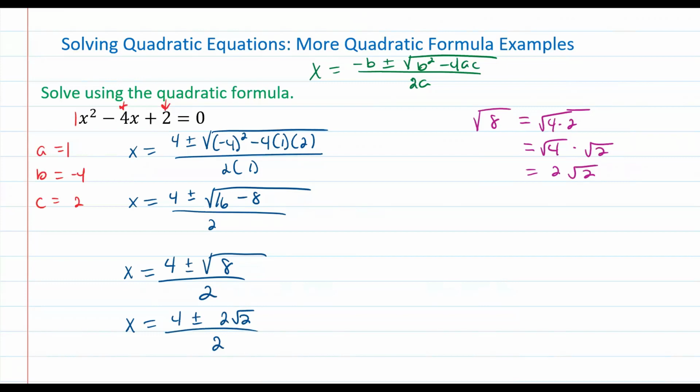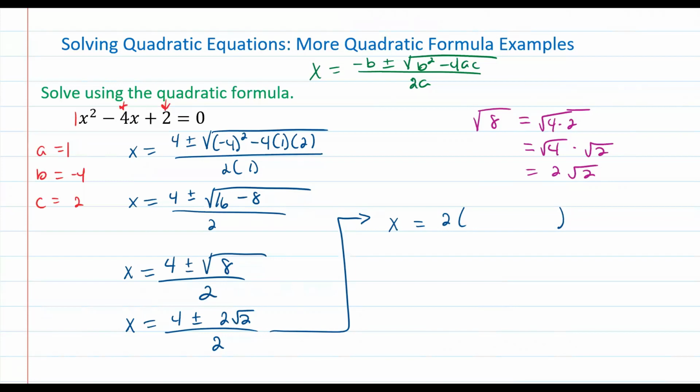Okay, continuing over here, I am now going to try to reduce this fraction by a common factor. So we need to look at the numerator and say, is there a common factor of 4 and 2 times the square root of 2? And the answer is yes, there's a factor of 2 that is in common. And I'm going to factor that out.